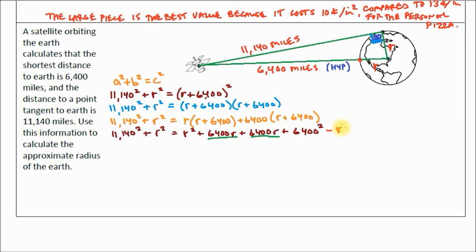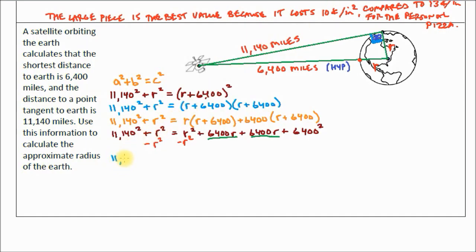I'm going to subtract r squared from this side and subtract r squared from this side. And when I do that, let's write our new equation.